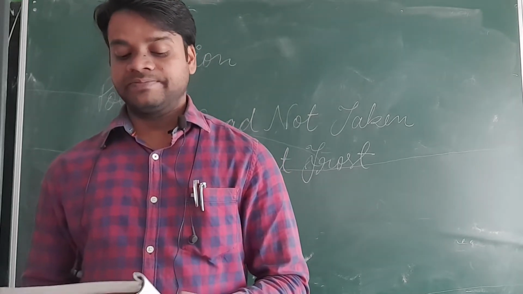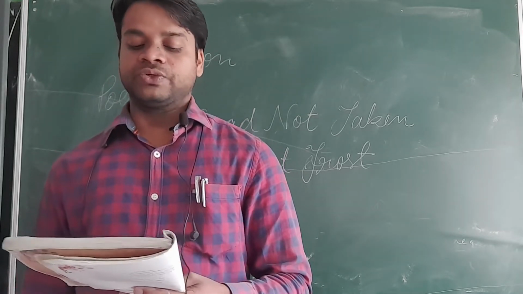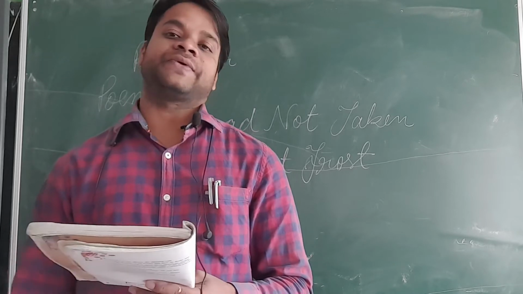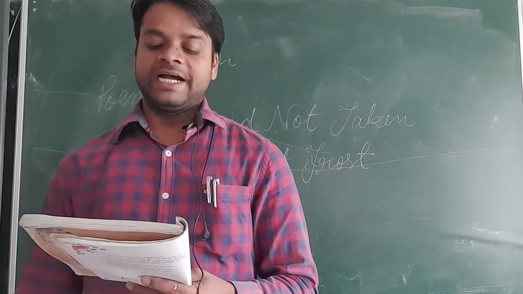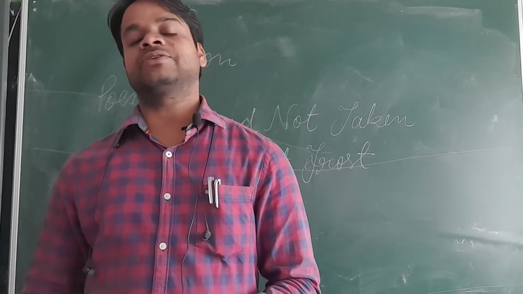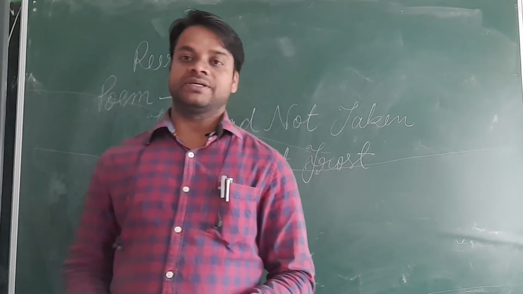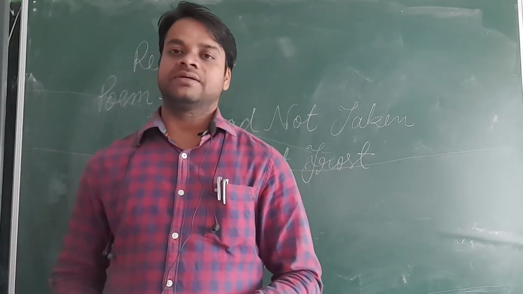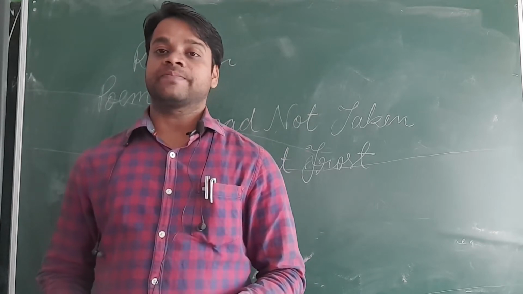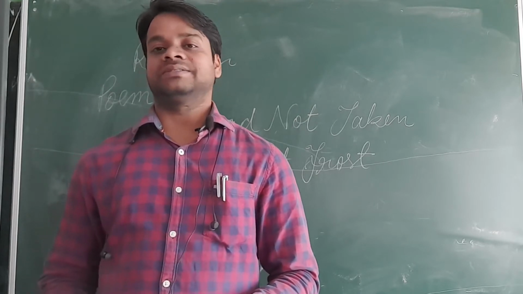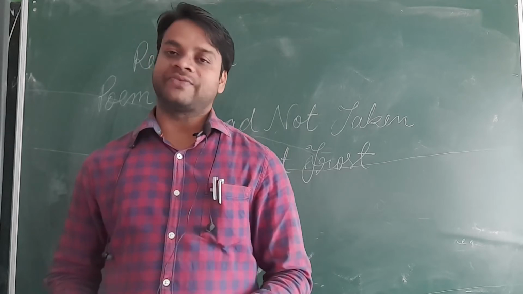Second stanza. Then took the other, just as fair, and having perhaps a better claim. When he was standing there, he was in a dilemma, confused about taking the best road, but he took the other one because it was fair.